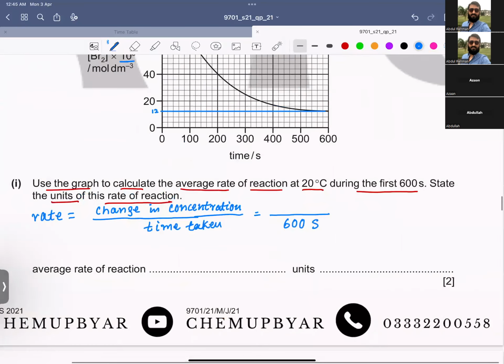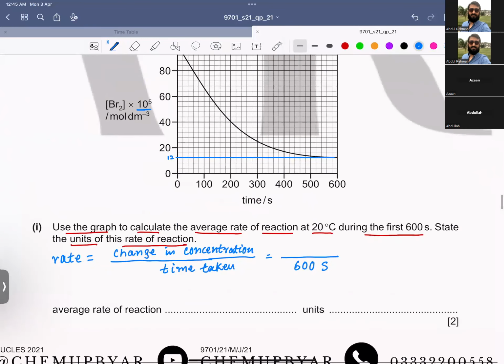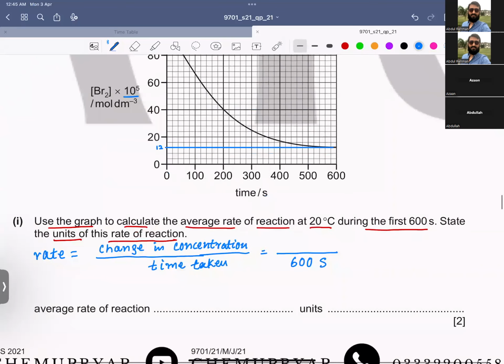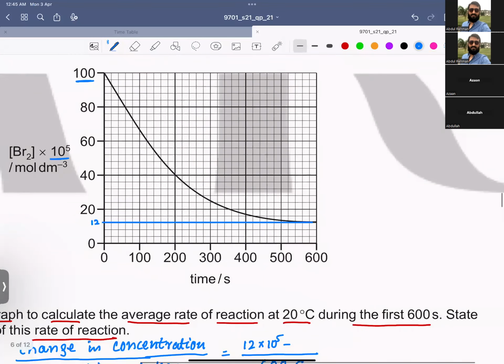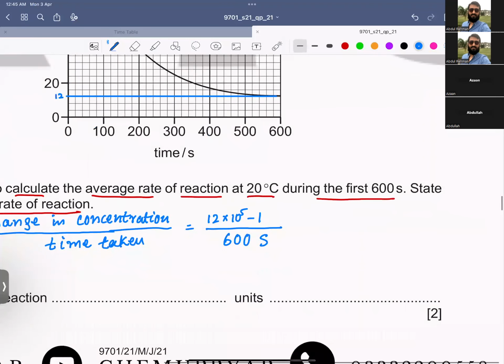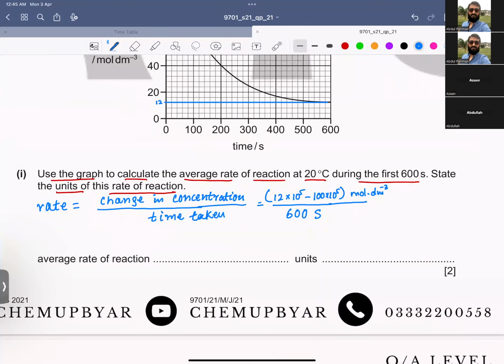So what is the change when we recall? Change is always final minus initial, right? So the final concentration is 12 exponent 5 minus initial concentration 100 exponent 5. And if it's a concentration, the unit will be mole per dm cube. So can anybody solve and tell me the answer?